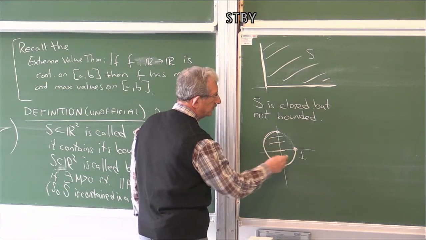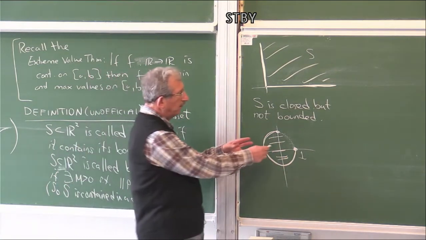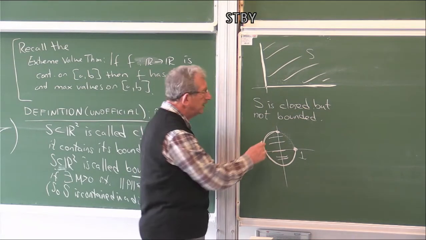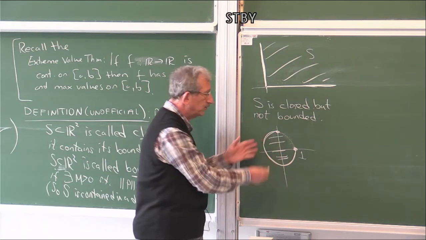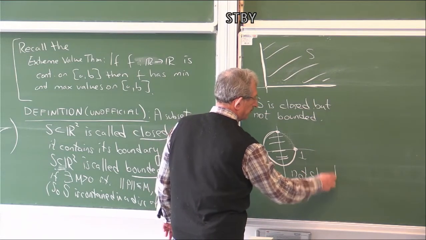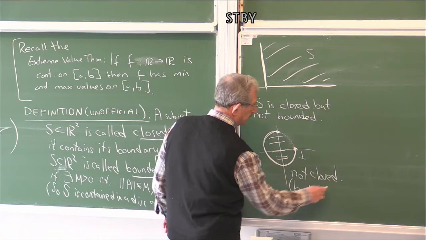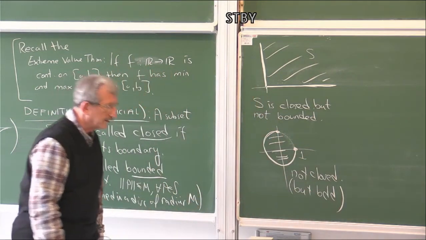However, you consider everything inside. Now, the boundary of the unit disk is the unit circle. But this doesn't contain it, so this is not closed. But it's bounded because you can put it in a disk.